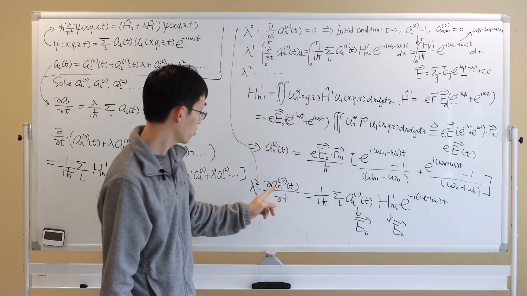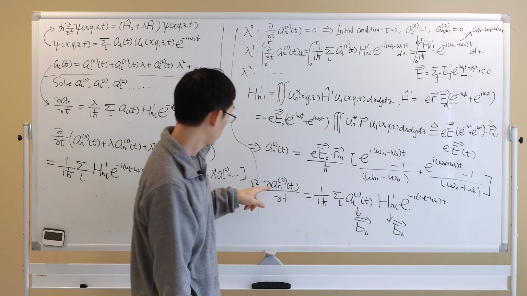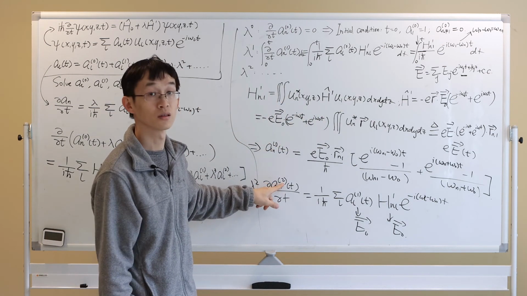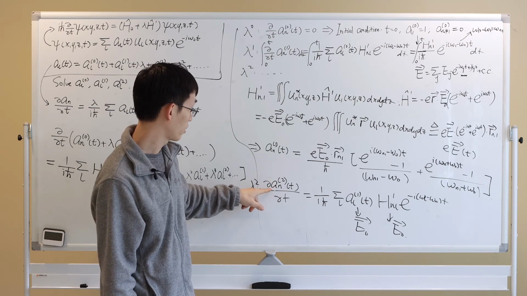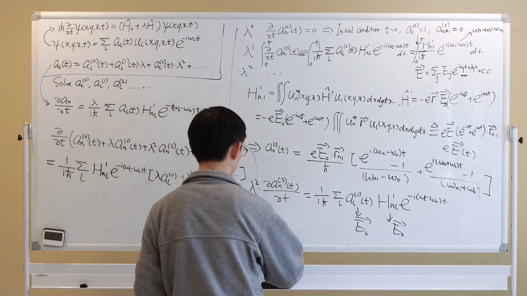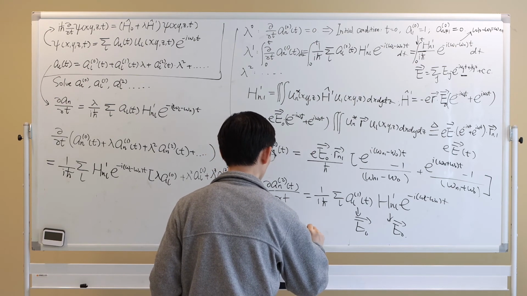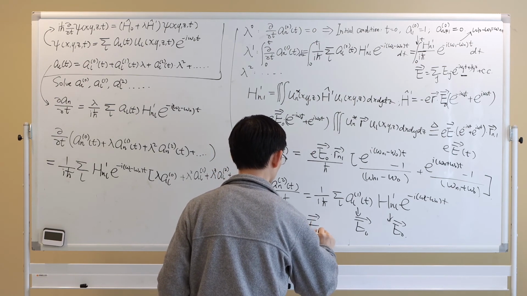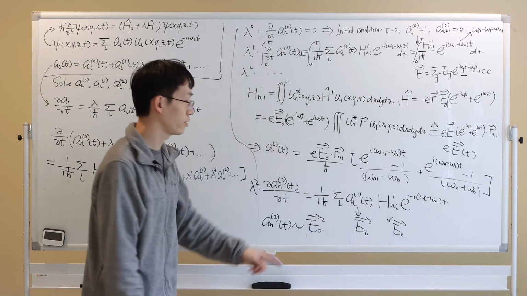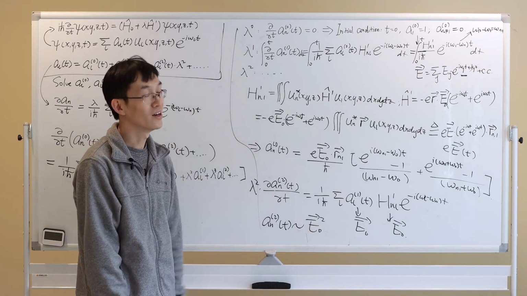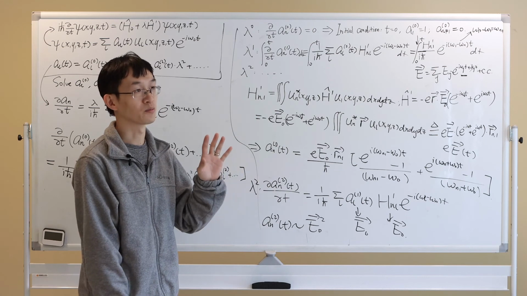So when you're solving the second order of A, naturally it would be proportional to E naught squared.